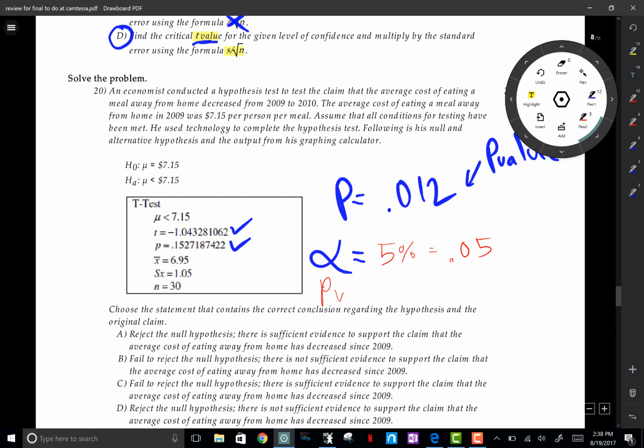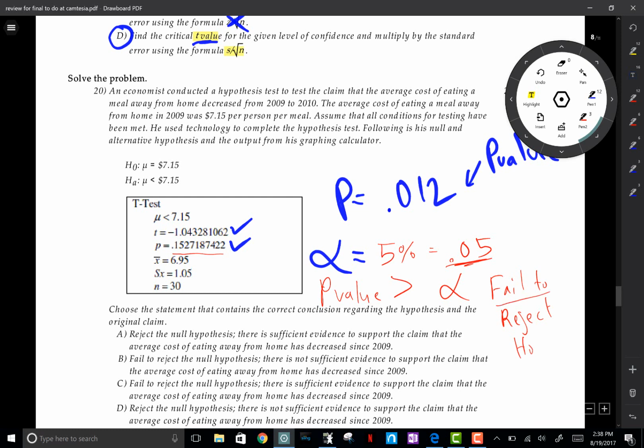So for this one, we're going to compare the p-value and alpha, and see which one's bigger. Alpha is 0.05 and the p-value is 0.15, so 0.15 is bigger than 0.05. In this case, we'll say fail to reject the null hypothesis.